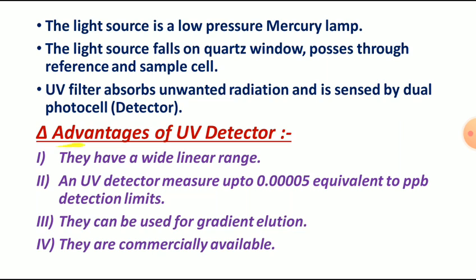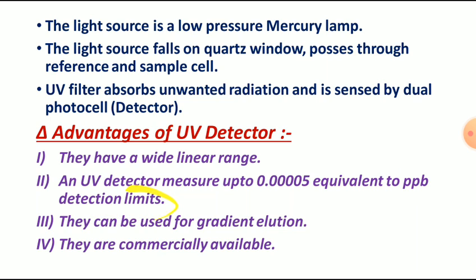Now we will see the advantages of the UV detector. There are four main advantages. First, they have a wide linear range. Second, a UV detector measures up to 0.00005, which is equivalent to ppb, that means parts per billion detection limits.